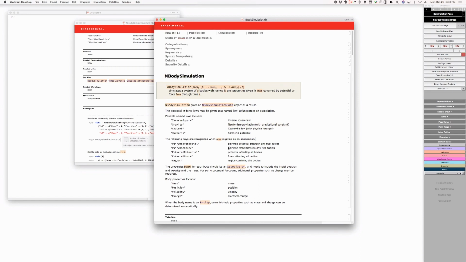What is the force? Okay, so what are the units for these things? Potential force laws may be given as named law, a function, or an association.